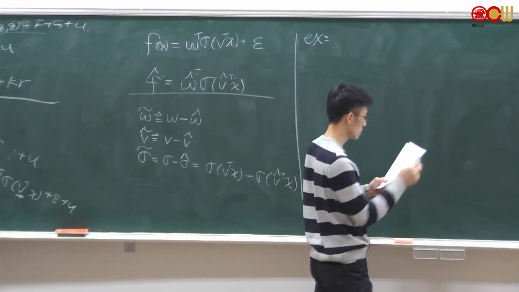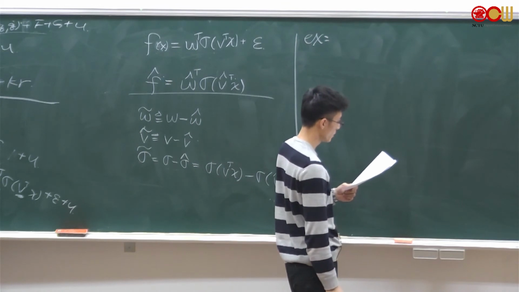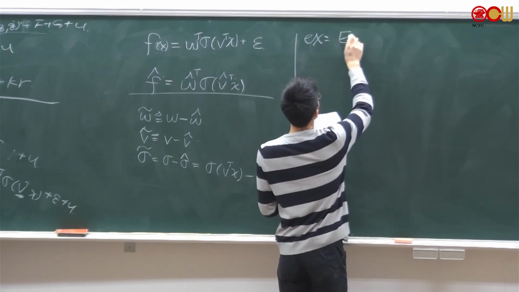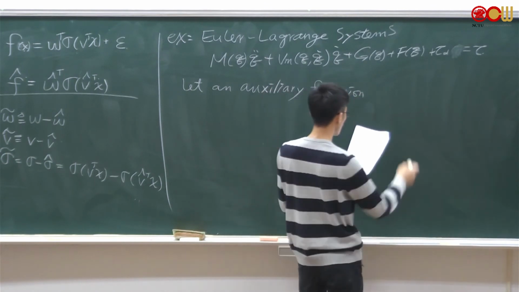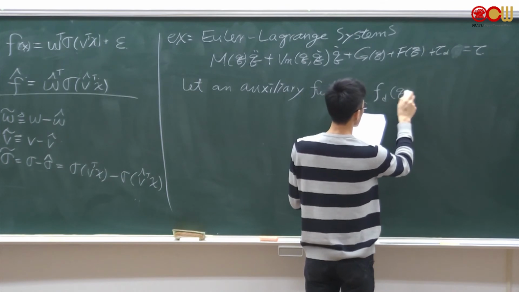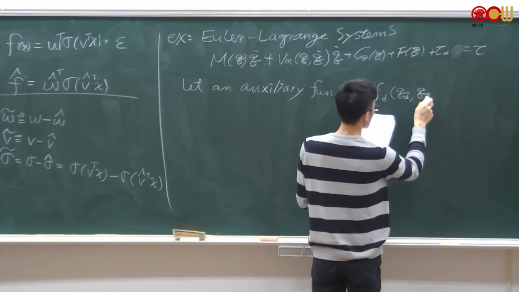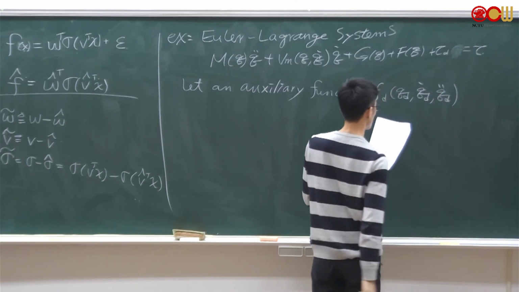How can we use this neural network, for example, in the Euler-Lagrange systems? So given these dynamics, we can define another nonlinear function, an auxiliary function, which is a function of the desired trajectories.